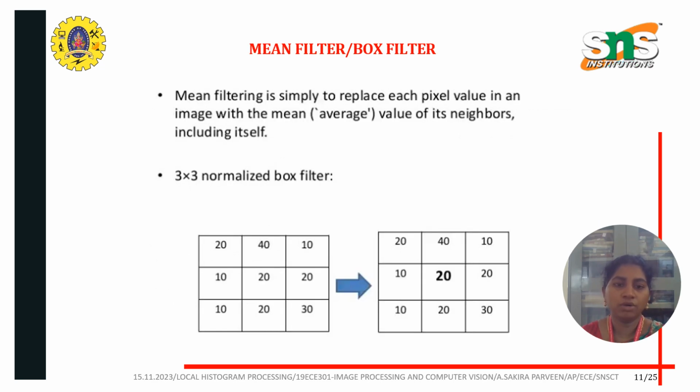So mean filter or box filter. Mean filtering is simply to replace each pixel value in an image with the mean or average value of its neighbors, including itself. Let's consider this example. In that, the center value 20 is the mean value, which takes the average. All the 9 pixel values have to be added and divided by 9, then we will get the average, that is the mean value that is placed in the center pixel value.